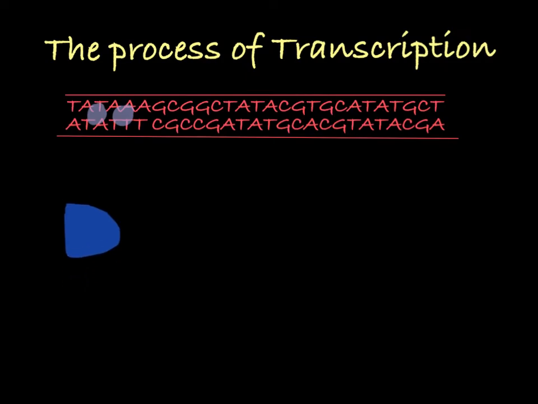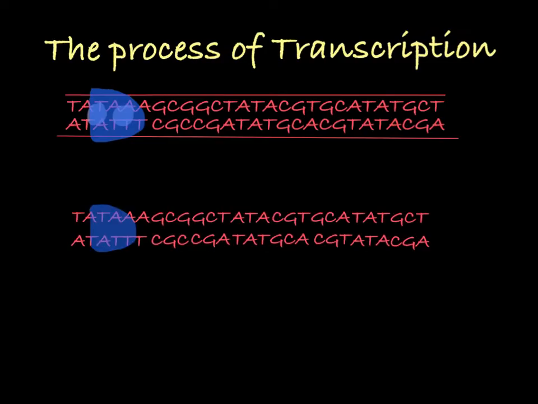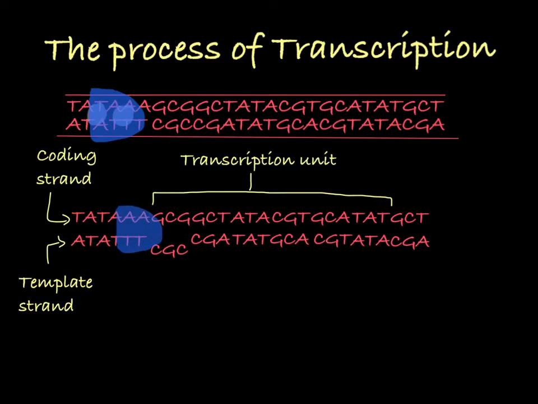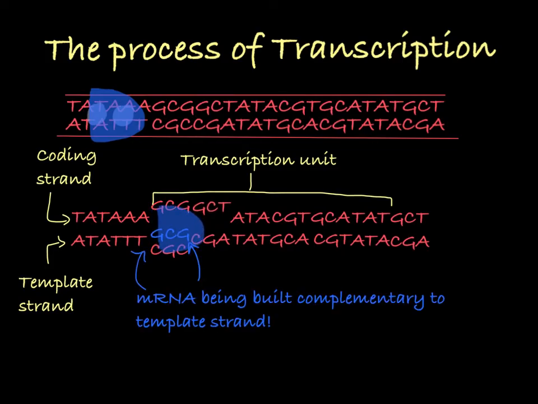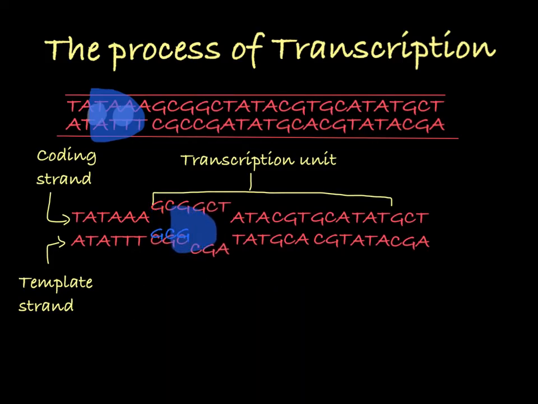Once the RNA polymerase has bound to the promoter region of the gene, transcription can start. The RNA polymerase will unwind the DNA, creating a transcription bubble. The RNA polymerase will then use RNA nucleotides to build a strand complementary to the template strand in the transcription bubble.